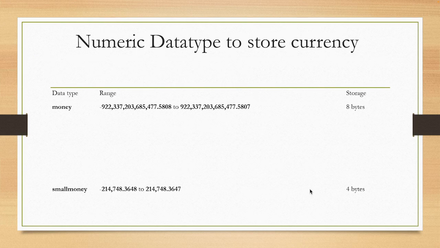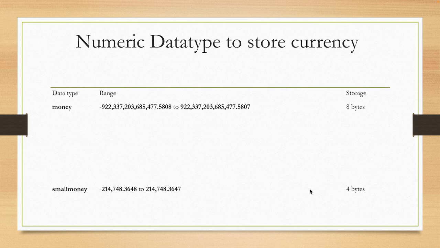Moving on, if you have to store numerical data which has currency, you can use either smallmoney or money. Smallmoney can store from approximately negative 200,000 to positive 200,000, and smallmoney will have 4 decimal places.